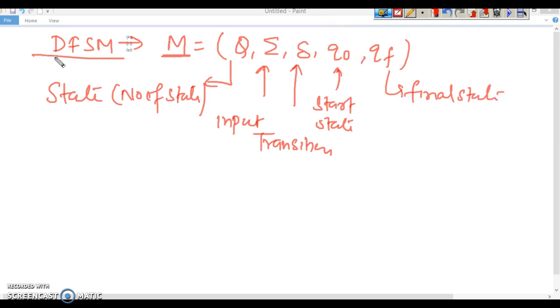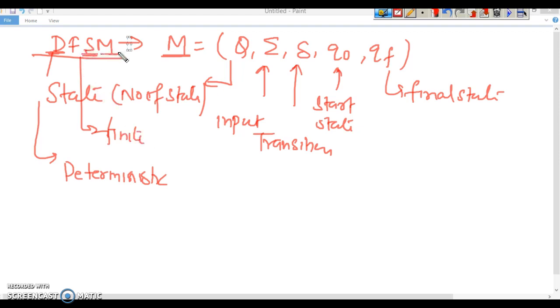And in this name, D stands for deterministic, F stands for finite, S means state, and M means machine. What this machine is doing is converting infinite inputs into a finite machine.